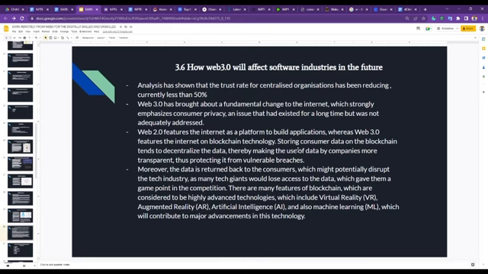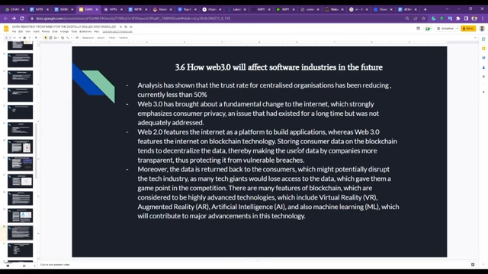There are many features of blockchain which are considered to be highly advanced technology, which include virtual reality, augmented reality, artificial intelligence, and also machine learning, which contribute to the major advancement of this technology. All these parts of technology contributing to blockchain technology and making it more efficient are among the things that would help to disrupt Web 2.0.